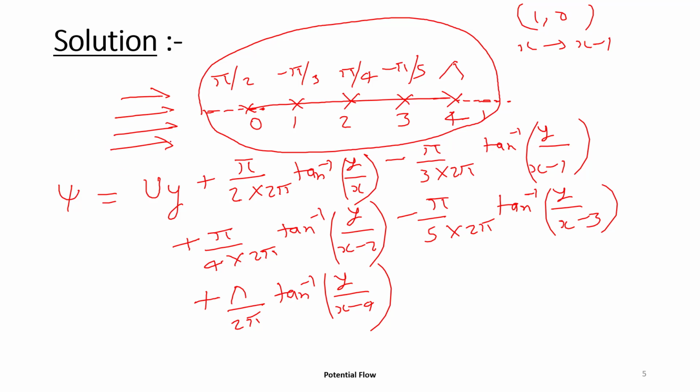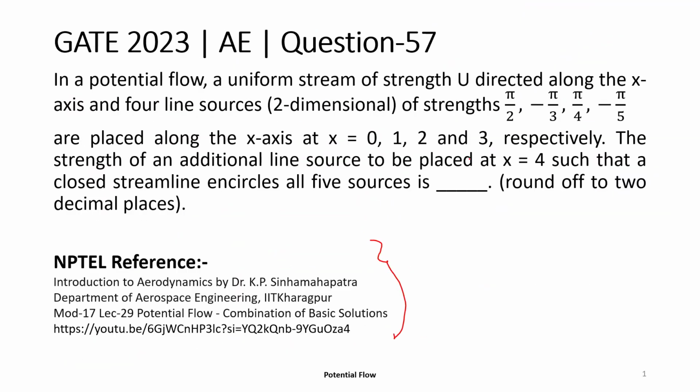So for the stagnation streamline, this stream function will be equal to 0. Because in this problem, one thing we know is that this closed streamline encircles all 5 sources.